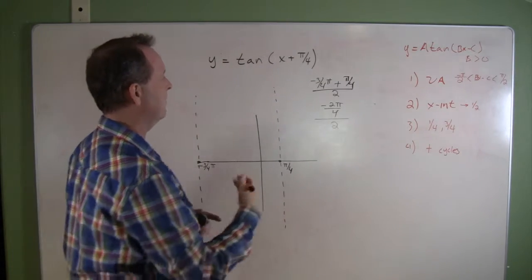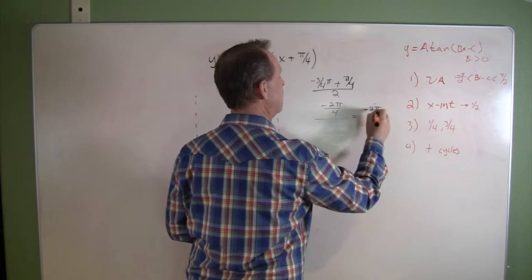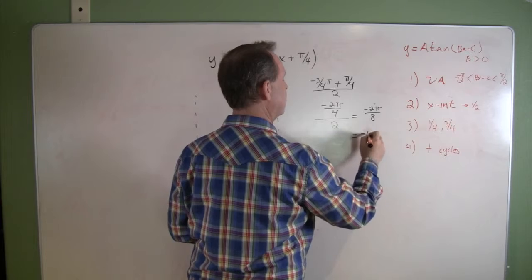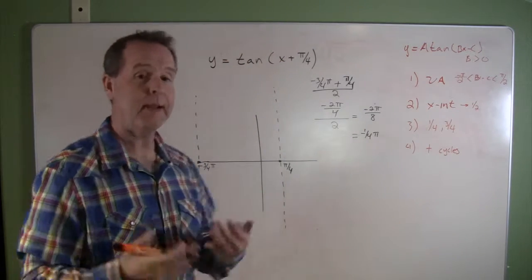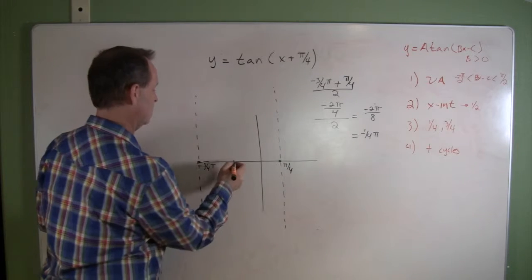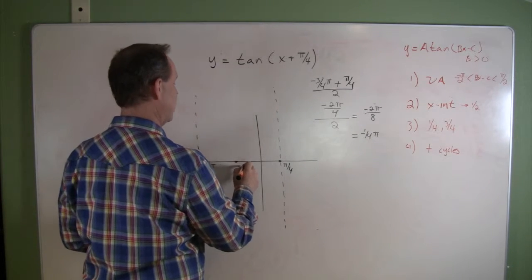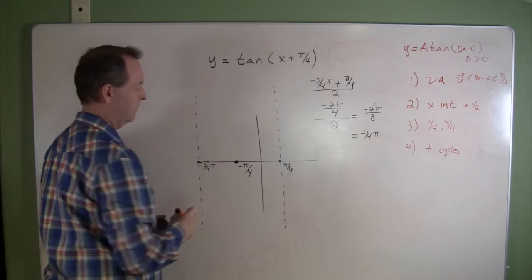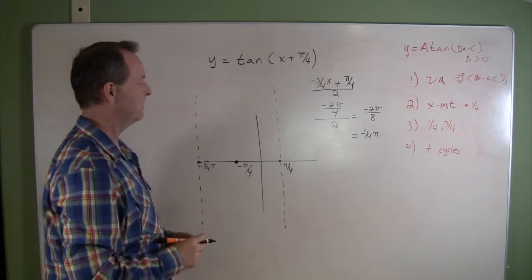Flip it over. So I have negative 2 pi all over 8, and that reduces down to negative quarter pi. So my midway point right there is negative pi over 4. So I know my graph crosses the x-intercept at that point.